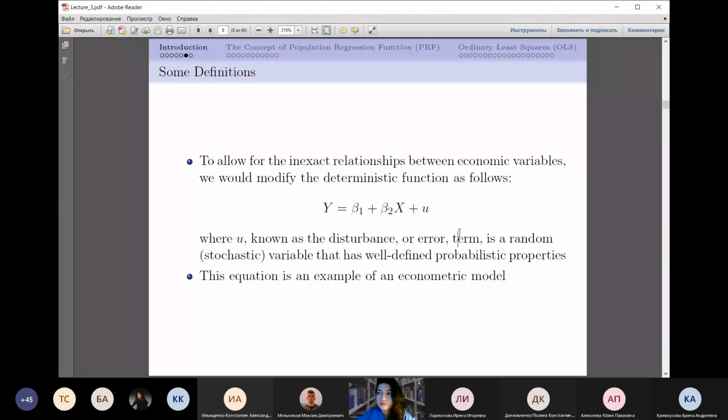If you remember, during the previous seminar, you had an example about the teaching assistants and student performance, and one of the questions in that example was about the error term. So I hope that now you understand what it means, and it's clear why we need to add this disturbance in our model.